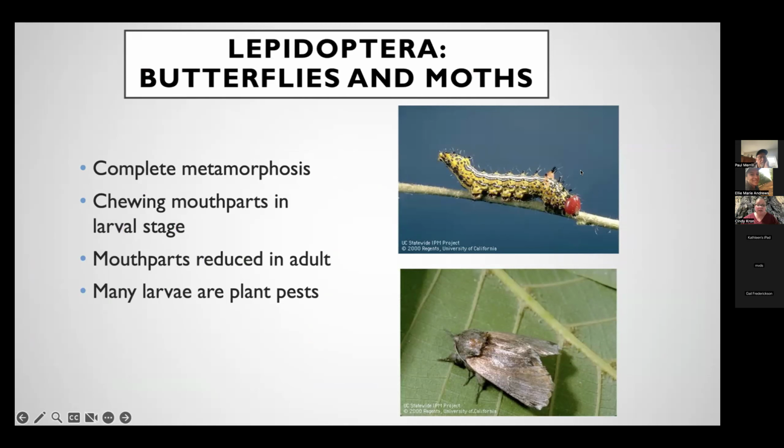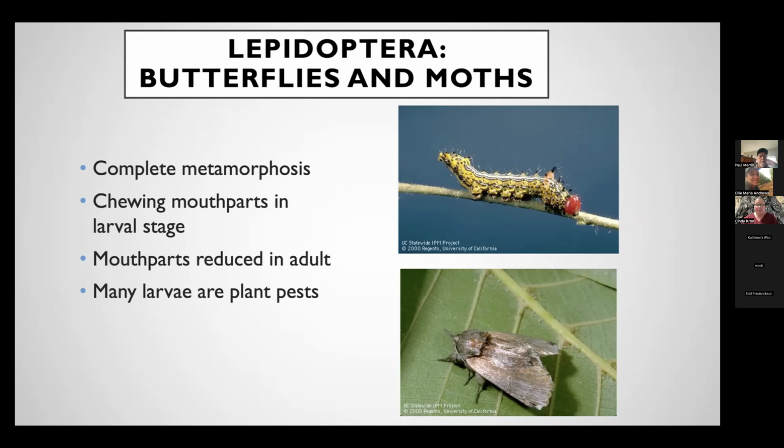And the immature stage has different mouth parts, different feeding sources in this case. So here we have the larvae with chewing mouth parts, and the mouth parts in the adult are reduced. Usually it could be a siphoning mouth part, so it's not even able to chew.